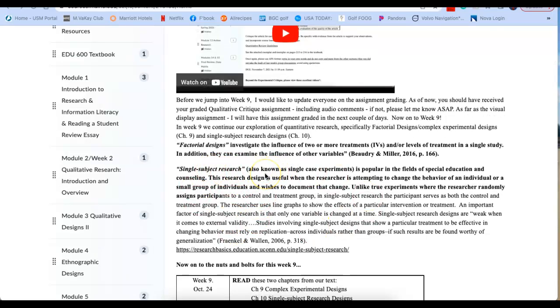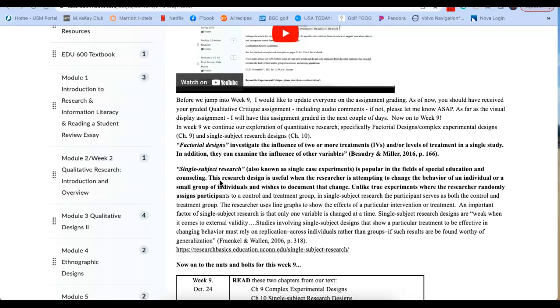The other one is single subject research, and you may know this as single case experiments. And as I said, it's popular in the fields of special education and counseling. So for those that are involved with counseling and or special ed, you may be involved with this kind of research, or you may have been involved with some kind of research. It's basically an individual that is being treated.